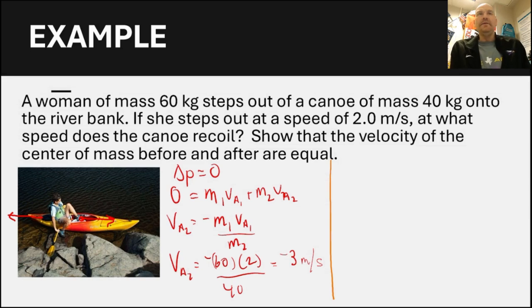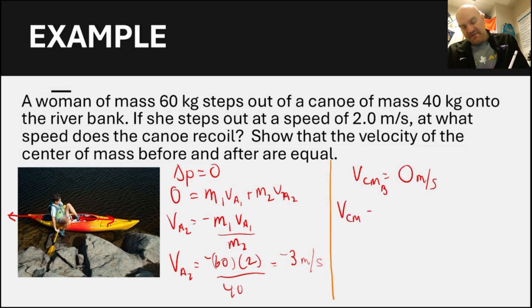Okay. Now we want to show the velocity of the center of mass before and after are equal. So the velocity of the center of mass before, easy, 0, right? Because nothing was moving. So now what we need to do is use our velocity of the center of mass equation for after. So the sum of m_i v_i divided by total mass.